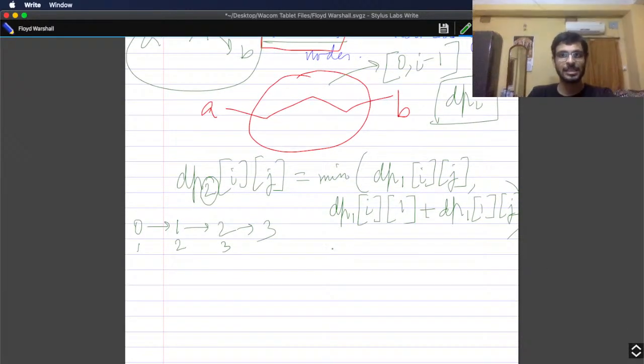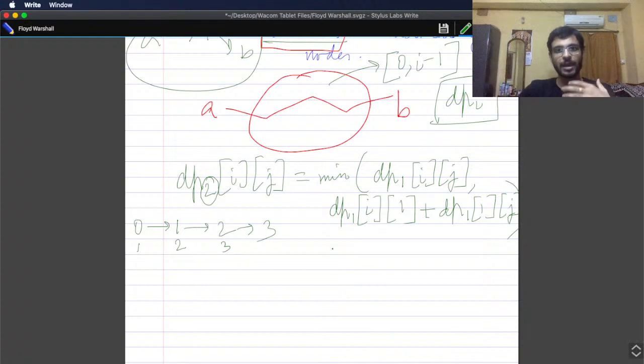This is how I'll be forming it, gradually leading to the final step where you can take anything as the intermediary nodes. I can form dp2 based on the values of dp1.